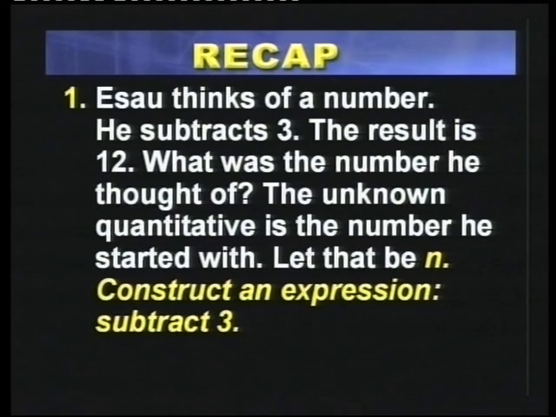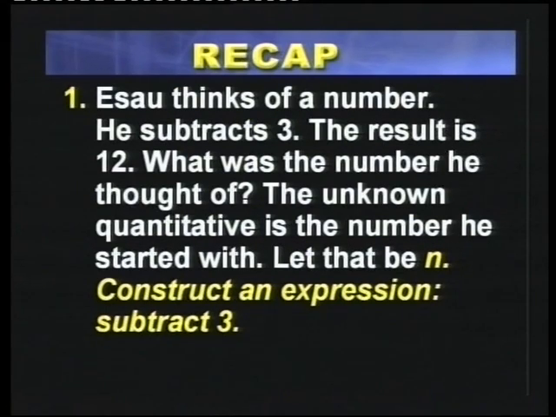From the beginning it says he subtracts 3. What is the unknown in this problem? What is the unknown letter in this problem? From the problem, it says let that be n. So this is what you should have done.